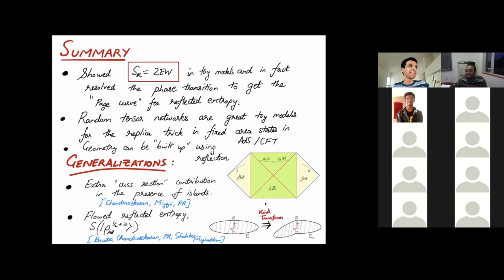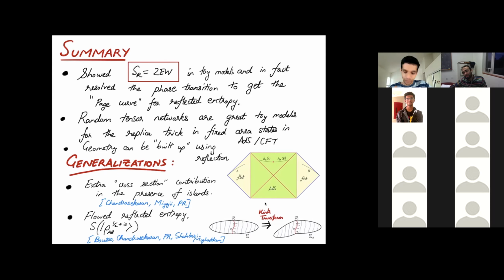I don't know what exactly they meant by that. If we just think about time-independent geometries, then I think what we've shown is that the random tensor network has exactly the right kind of tripartite structure, so it's okay. Maybe there are other issues with tensor networks.